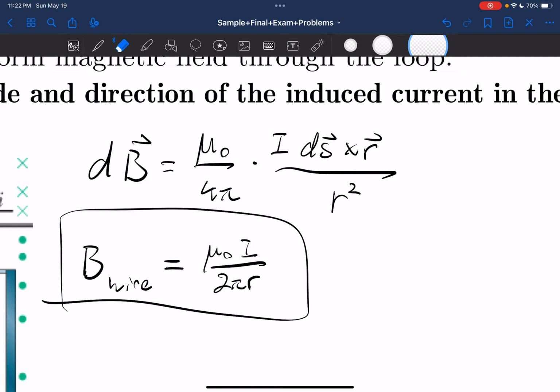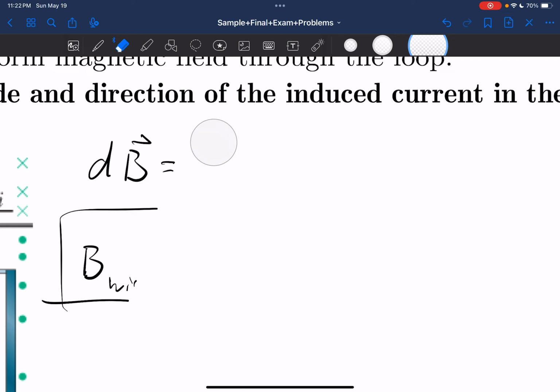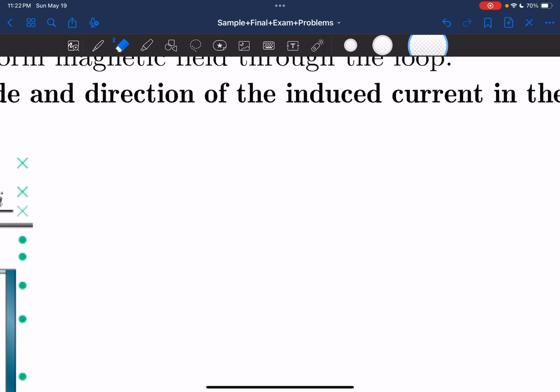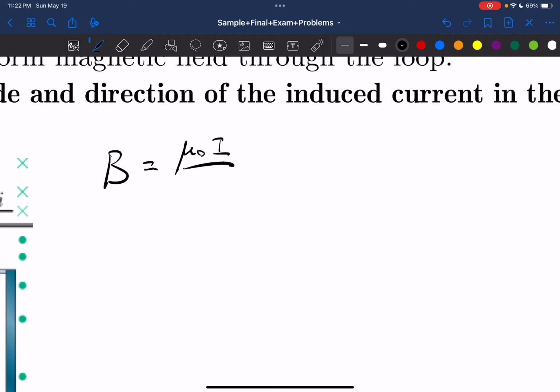All right, so let's get started. The first thing we're going to do is, based on the equation that we wrote, B equals mu naught I over 2 pi r. I don't know why I erased that, I should have left it there. Now this is to find the magnetic field for the wire.